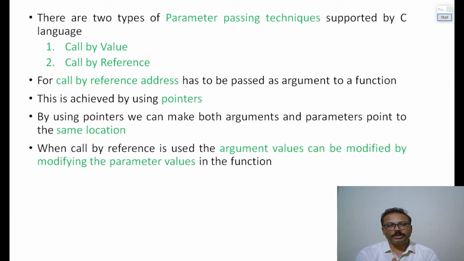The argument address is copied to the pointer variable, so both these will be referring to the same location. Call by reference is achieved using pointers, and also by default arrays are passed by call by reference. That point you also remember. So argument values get modified whenever the parameter values get modified.